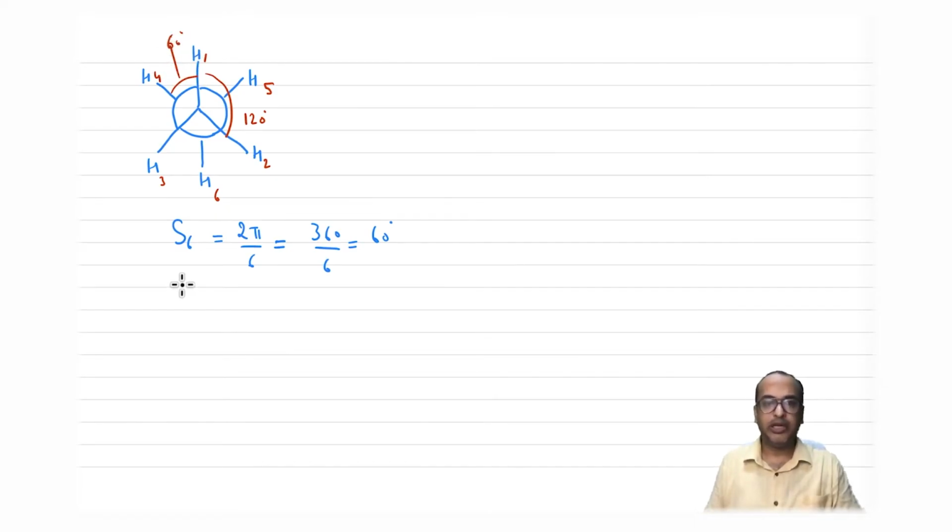We can also see if there is any S3 axis present or not, but let's go ahead with S6 and see this example. So S6 should be materialized by either doing C6 first or sigma first, or vice versa, because both these operators commute with each other. We know what the meaning of commutation is, right?